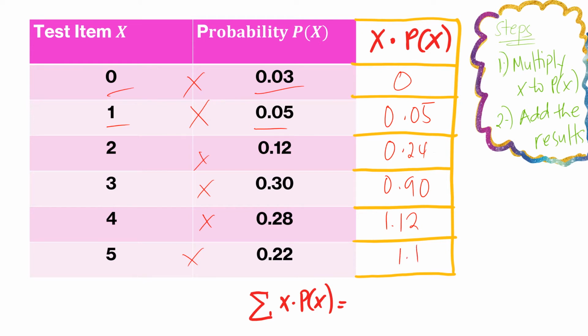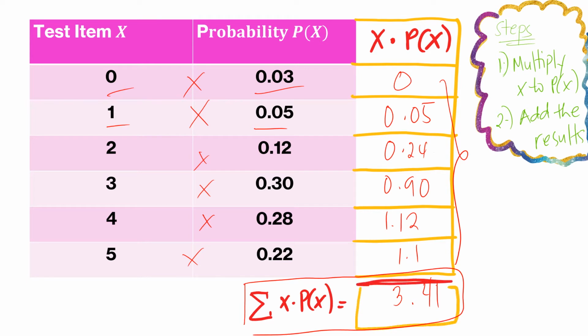And then adding these values, we yield 3.41. Let me check. I think that is 3.41. So this is our answer. This is what you call the expected value or the mean. So μ of x is equal to 3.41. So it's just so easy.